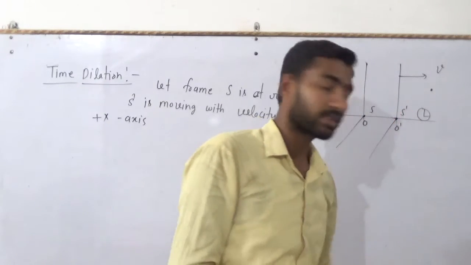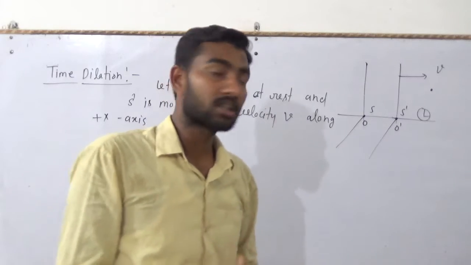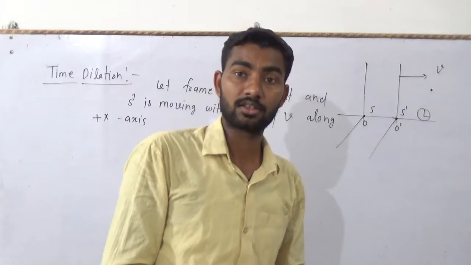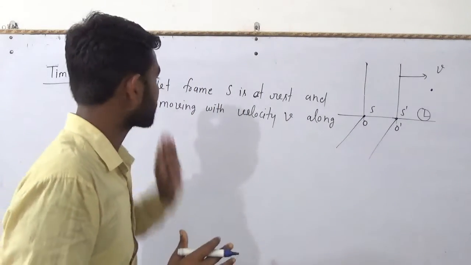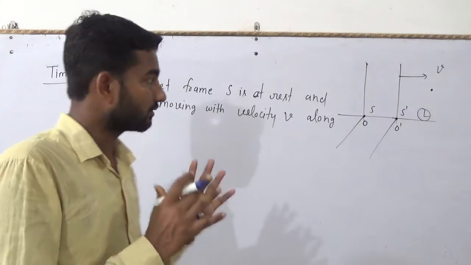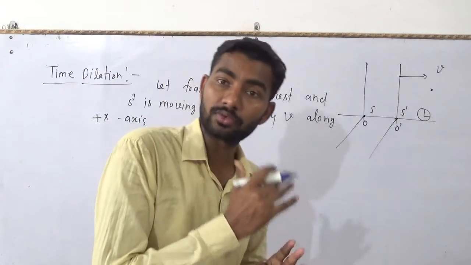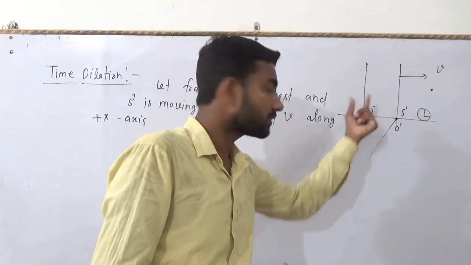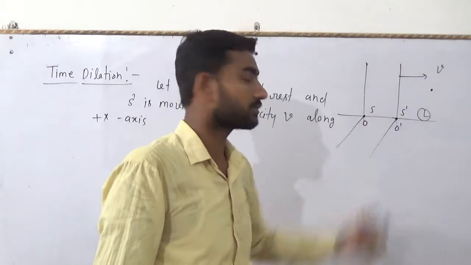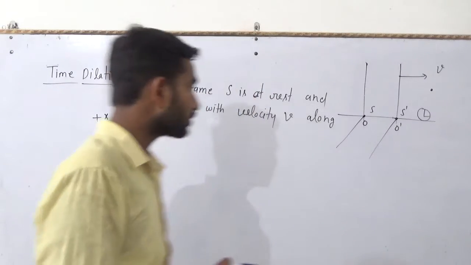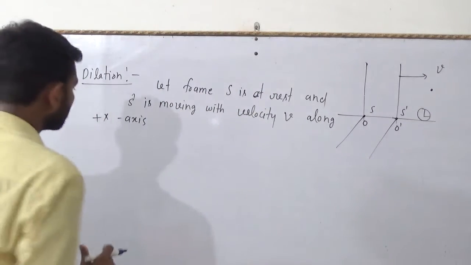Frame S dash is moving relative to frame S. It is my assumption that frame S is at rest, and frame S dash is moving with uniform velocity v relative to frame S.